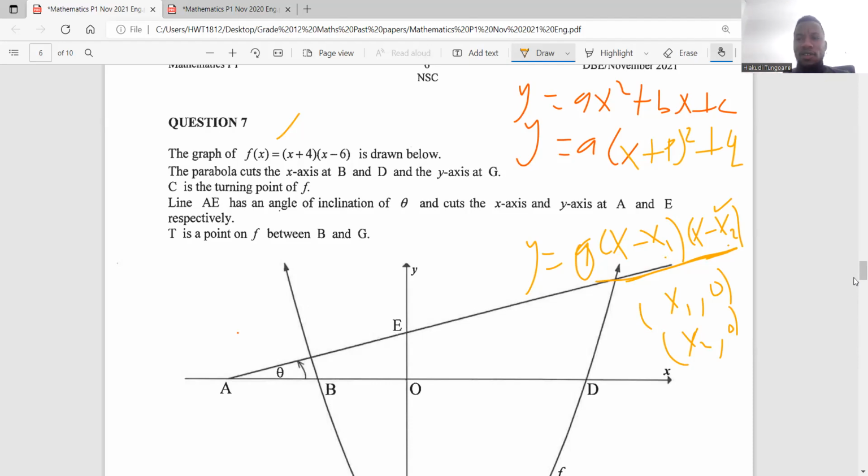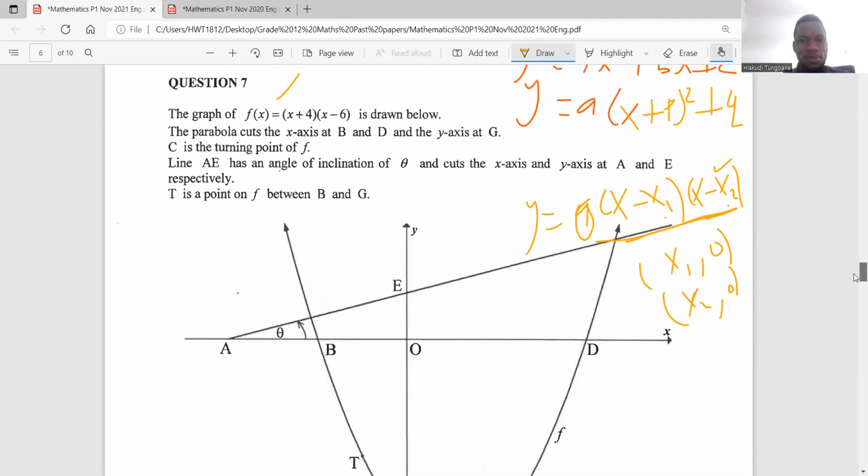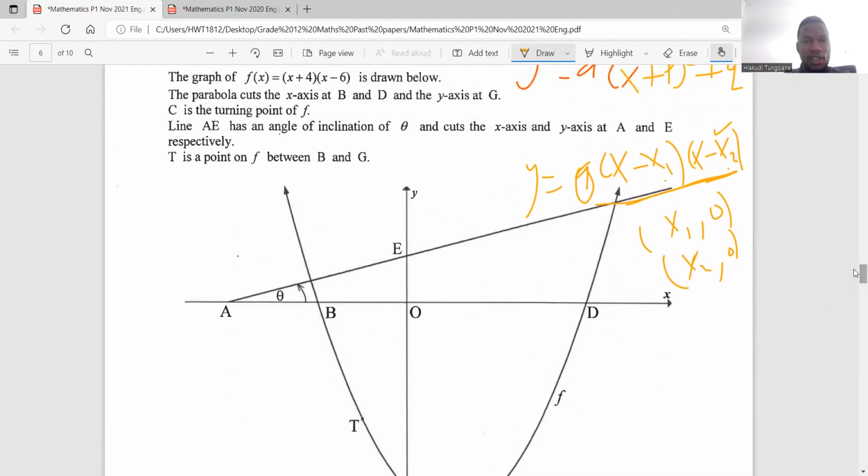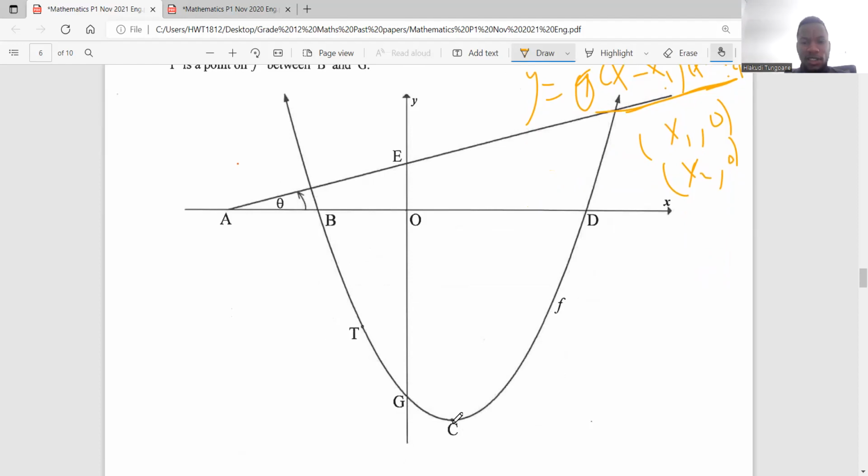Don't get confused. Okay, so if you look at this, they say the parabola cuts the x-axis at points B and D, and the y-axis at G, right? So those are just the y-intercept, and this is the x-intercept at B and D. We see that. Okay, so then they say C is the turning point. We see that, C is the turning point, great.